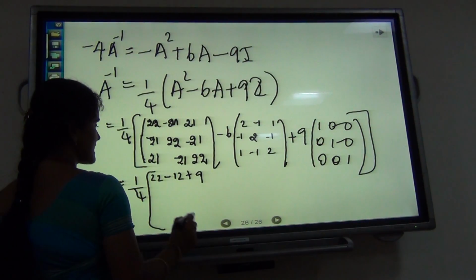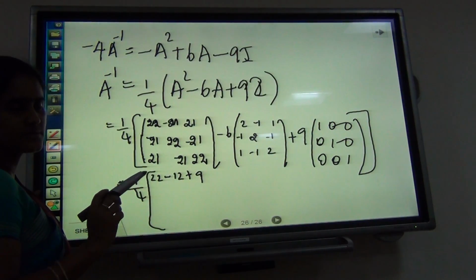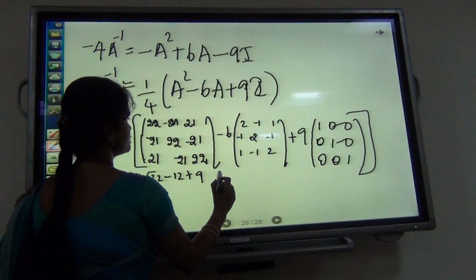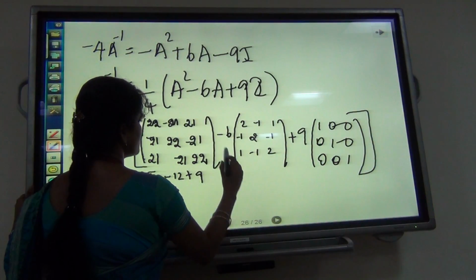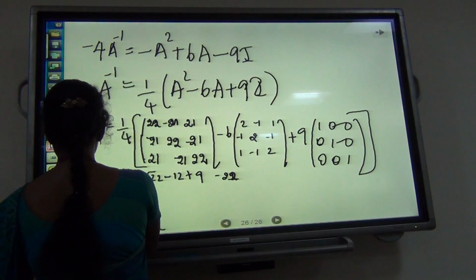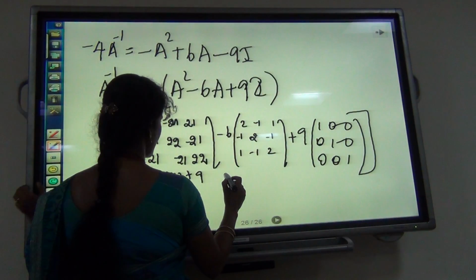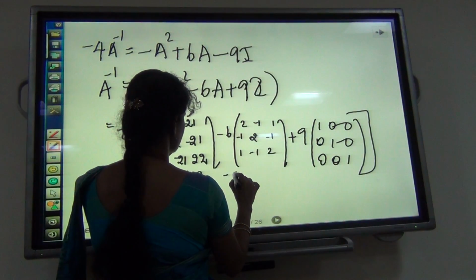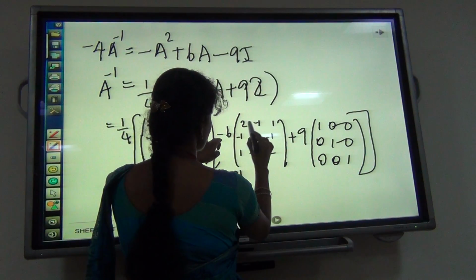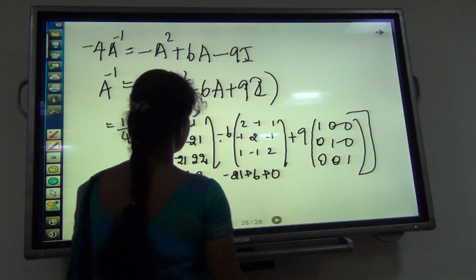And the next thing is addition, subtraction. You will do it row by row. Only in matrix multiplication you do row into columns. So 22, 21 minus 21, minus 21 minus 21 plus 6 plus 0.